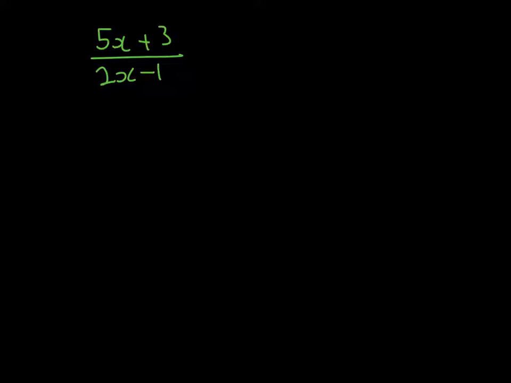So we're going to change that to make it become a product. So we'll have 5x plus 3, and if you stop and think about it, everything that's in the denominator of this fraction can be written as a product, 2x minus 1 to the power of minus 1. And now those two expressions are equivalent.